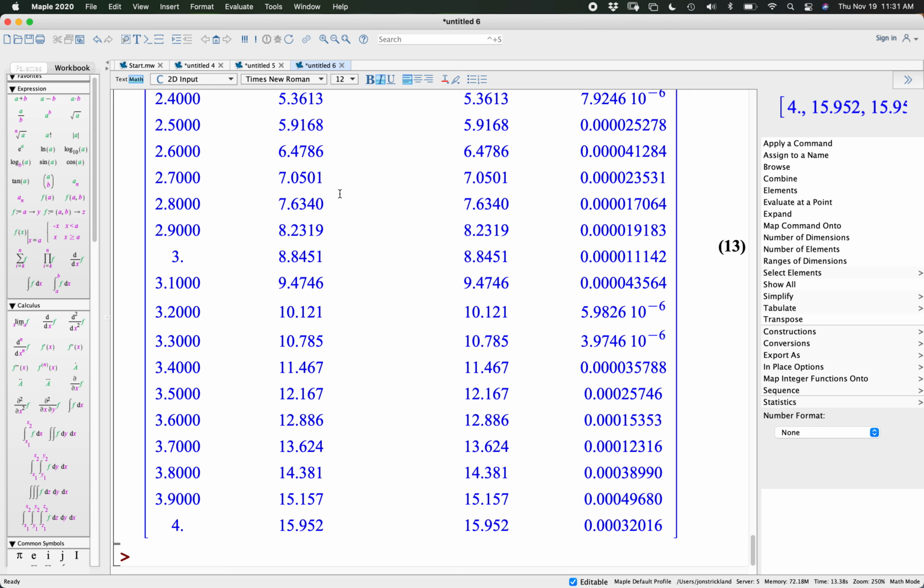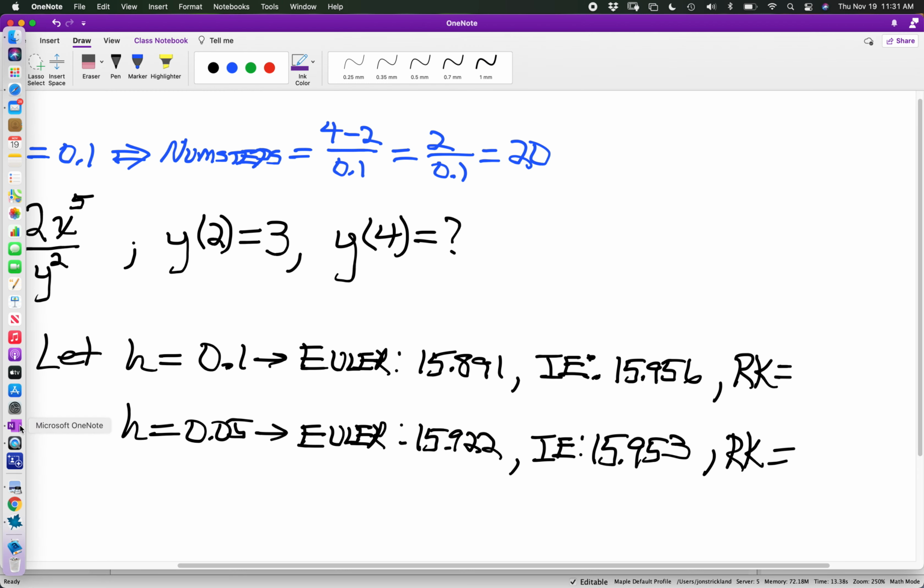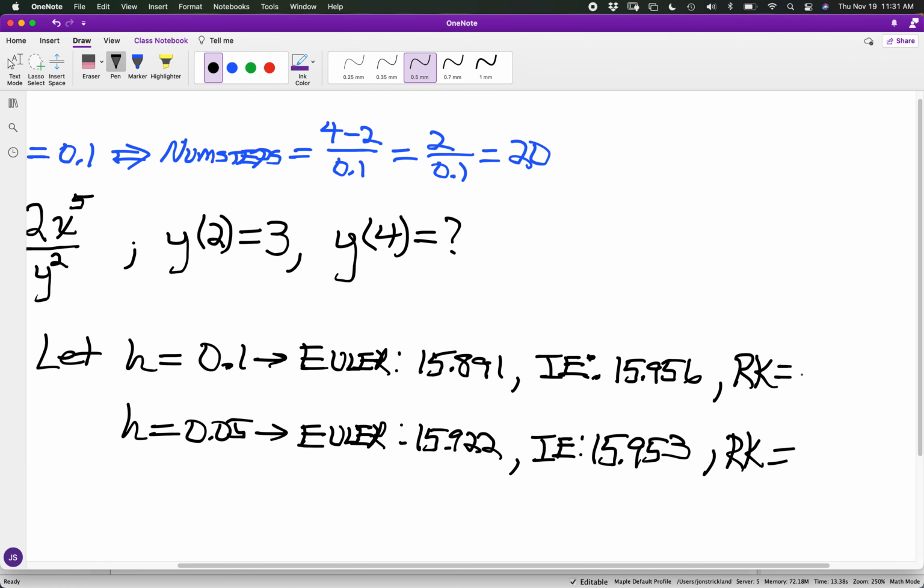But if I were to carry out to more decimal places, I would have an error size like 0.0003. It's 15.952.